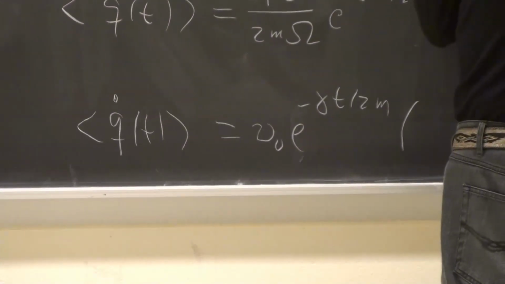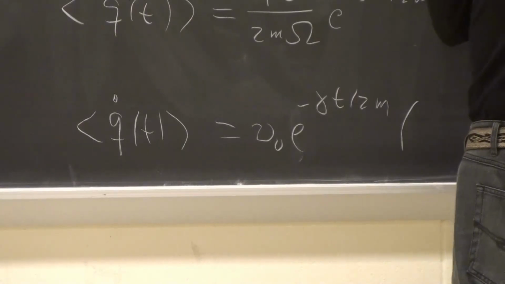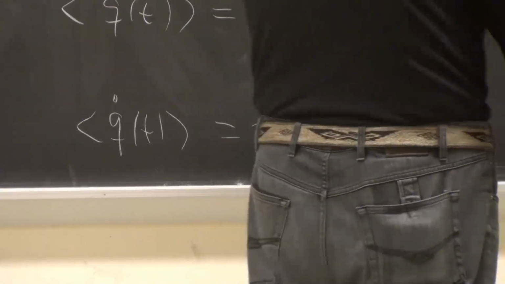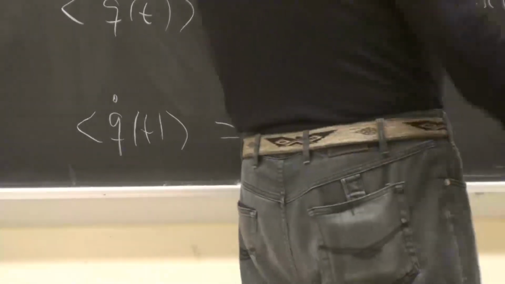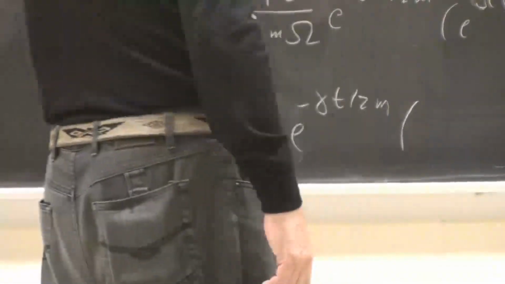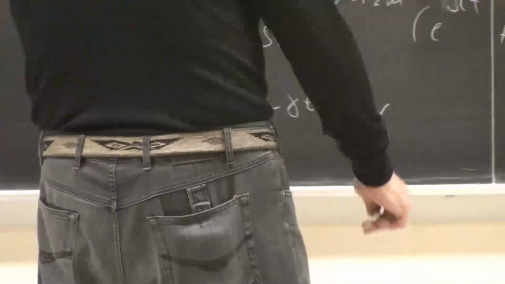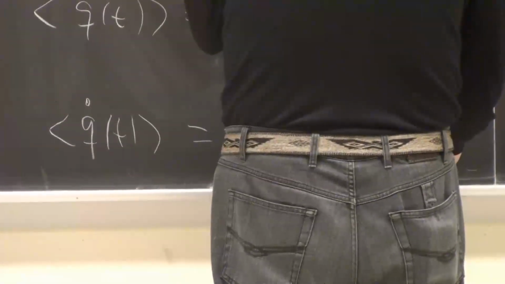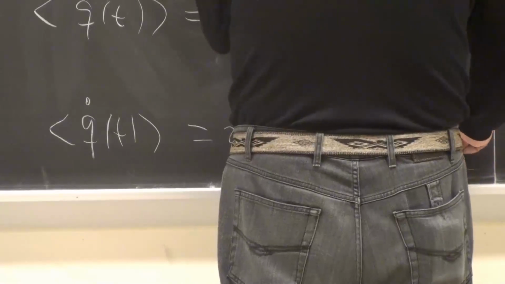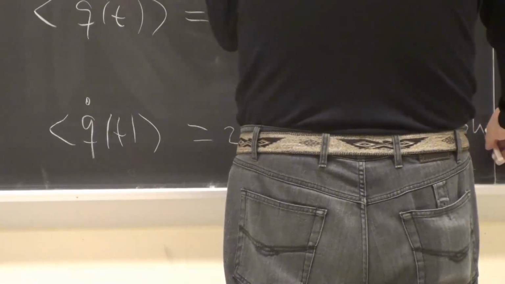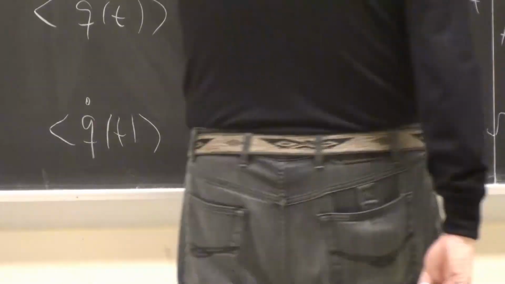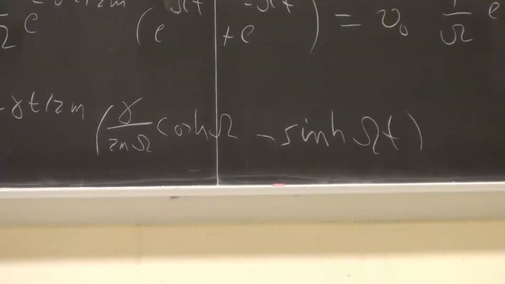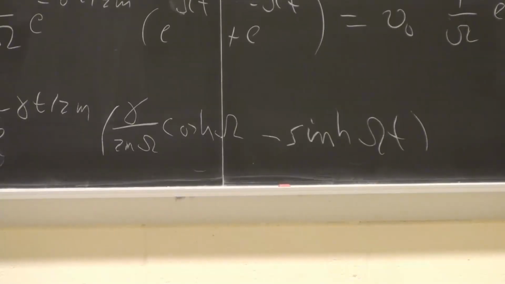I might have made a mistake somewhere. Okay, and now if we take the derivative here, then we are getting the gamma over 2m in front. And so then we're getting gamma over 2m omega times cos. So that's what I'm getting now, and I think that is what I get. So, okay.